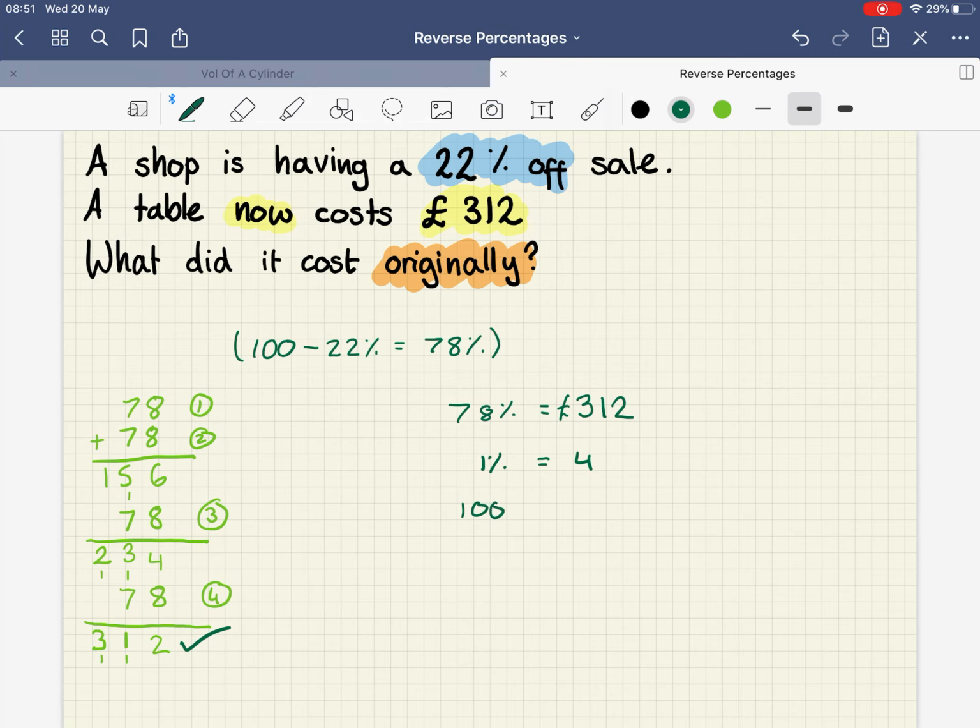And now, to get to 100, I just multiply the 4 by 100, so that is going to be 400. There we go. So essentially I have divided by 78. I did do that, but I just did it in a slightly longer method. And then I multiplied my answer by 100.